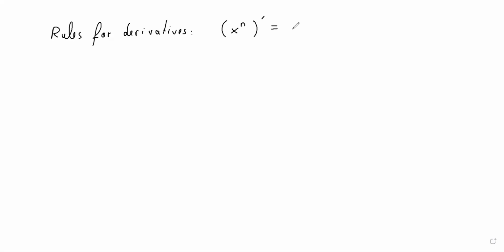In fact, I want everybody to understand that without knowing this rule, nobody will believe that you actually took calculus 1. So the derivative is n x to the n minus first.